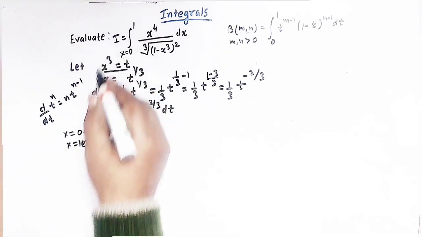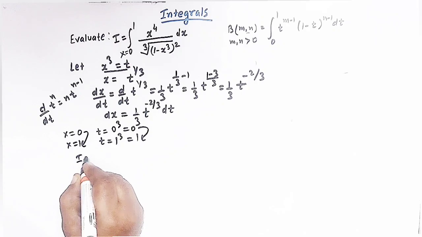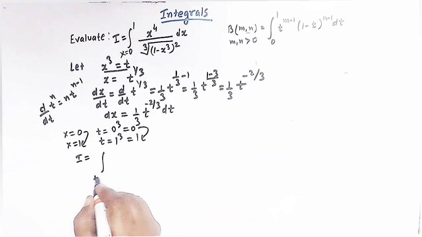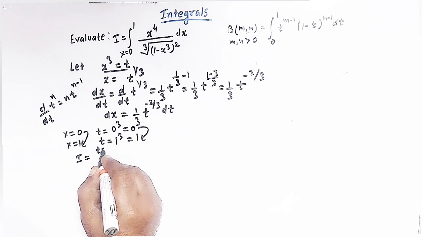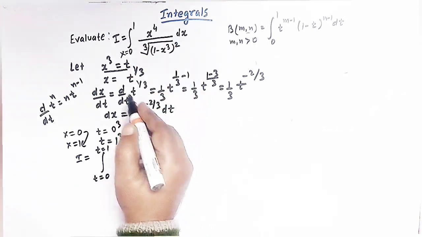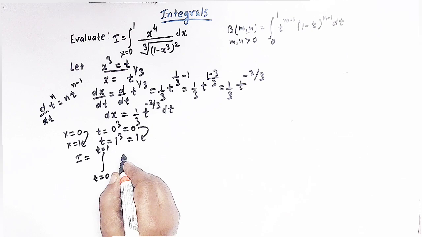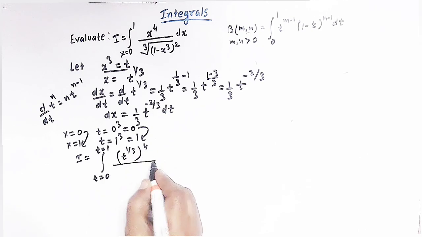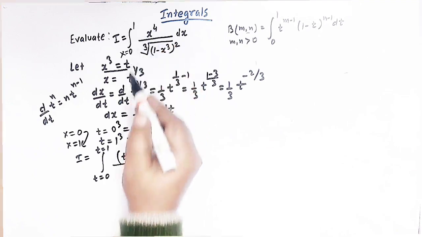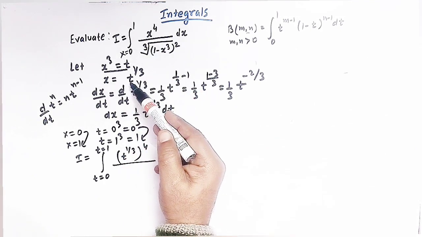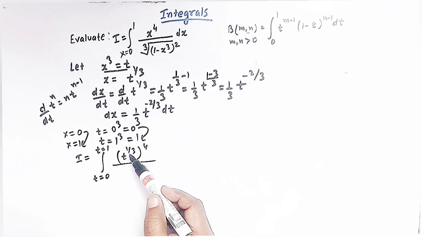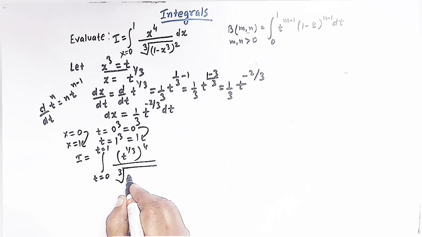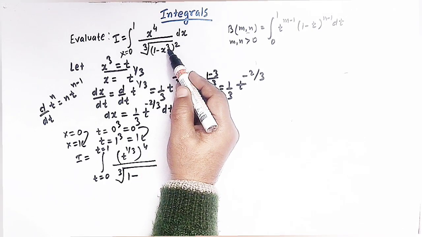So now we can easily write this integral I in terms of t. So we have t is equal to 0 to t is equal to 1, and for x we can write t raised to 1 over 3 raised to 4, and here we have x raised to 4, so taking x is equal to t raised to 1 over 3, and then we have the cube root of 1 minus x cube square.